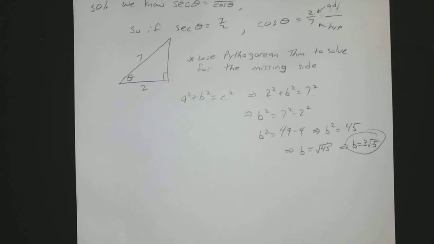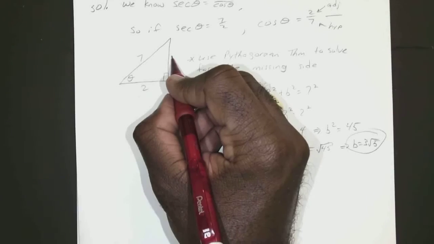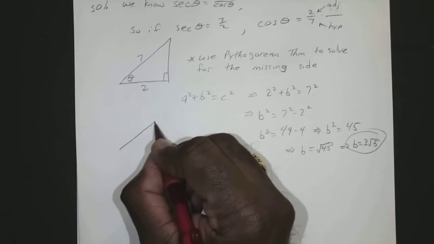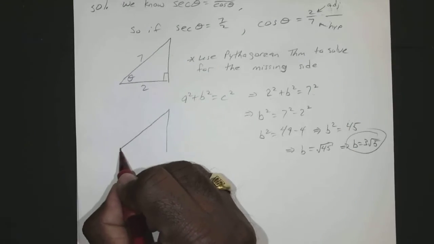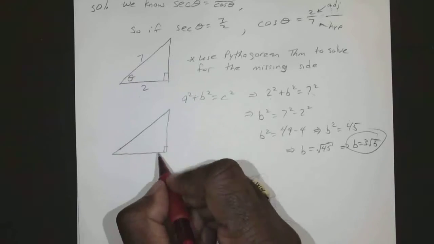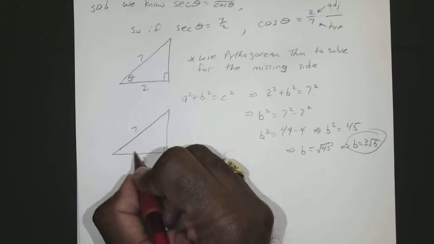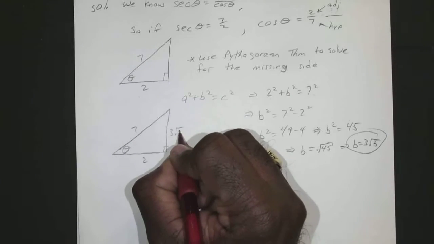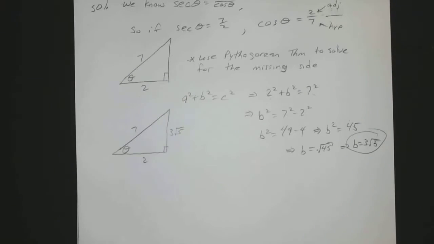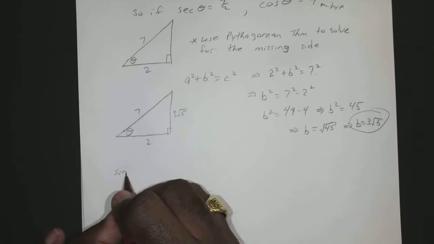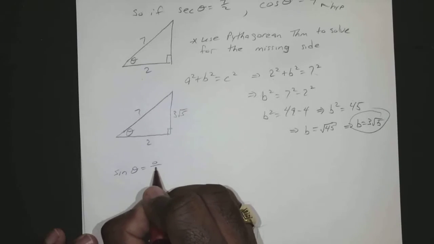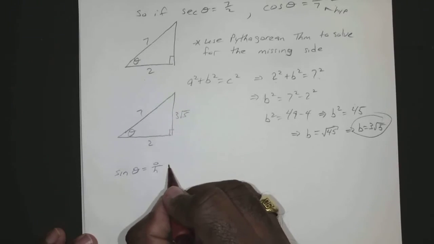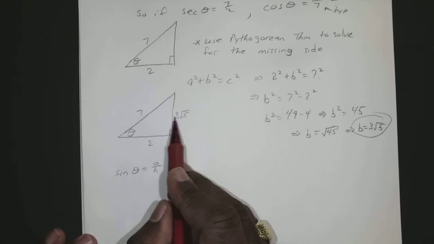Okay, so we found our B. And I'll just rewrite the triangle instead of filling things in. So we have 2, we have 7, we have our theta, and we have our newly found 3 square root of 5. From there we can figure out all the other identities. We have sine, which is opposite over hypotenuse, 3 square root of 5 over 7.